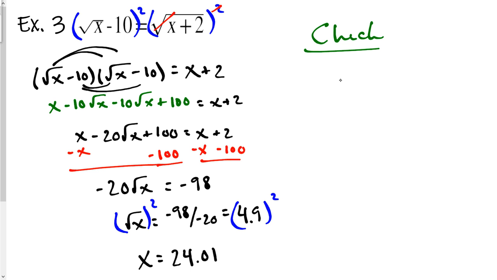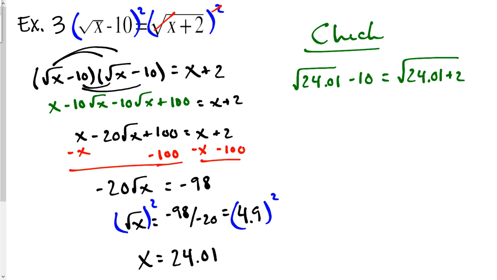Okay. So let's go through and plug it in. So I'm asking, is the square root of 24.01 minus 10 equal to the square root of 24.01 plus 2? So let's go to the calculator and do this, because I don't know about y'all, but I don't know what the square root of 24.01 is off the top of my head.